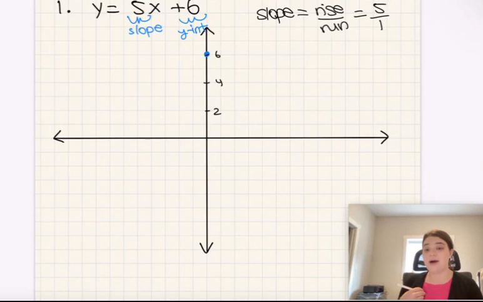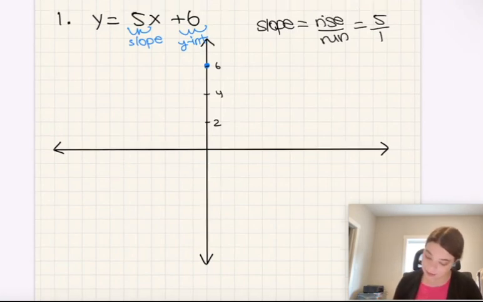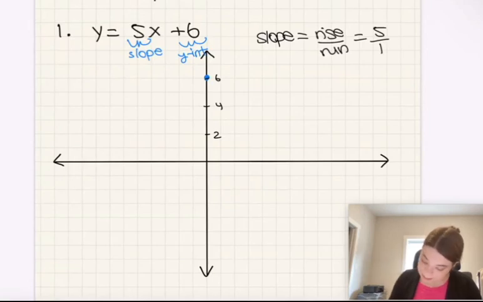Now that would go outside our graph, so we can also go down 5 and to the left 1. It doesn't matter as long as we stay consistent. That's the important part. For example, we could draw our next point up 5, 1, 2, 3, 4, 5, and over 1, although that would go off the graph, so I'm not going to do that.